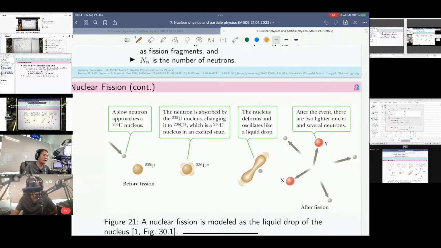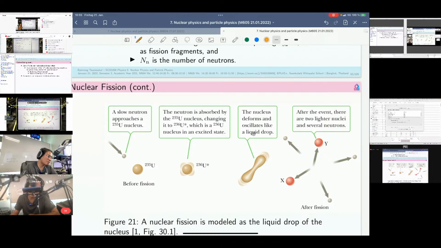If you are close to this group, you go with this group; if you are close to that one, you go to that group. That's how the protons and neutrons make a decision. The nucleus oscillates like a liquid drop, and after that they really tear apart.